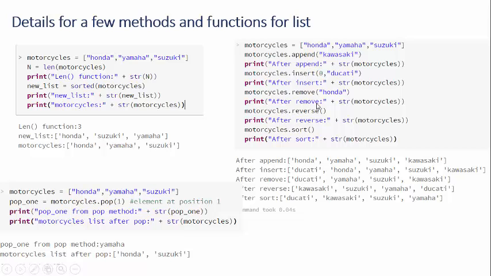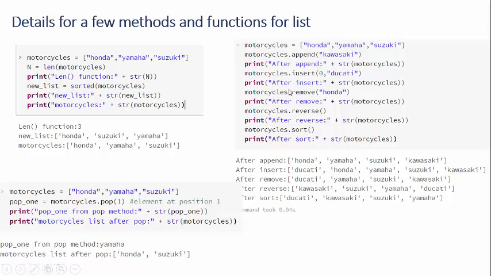Now, after we append, we know there are four elements already. We now want to insert at 0, the first argument within that method, which means the position. Where do we want to insert? We want to insert at 0, which is at the beginning of the list, a string called Ducati.